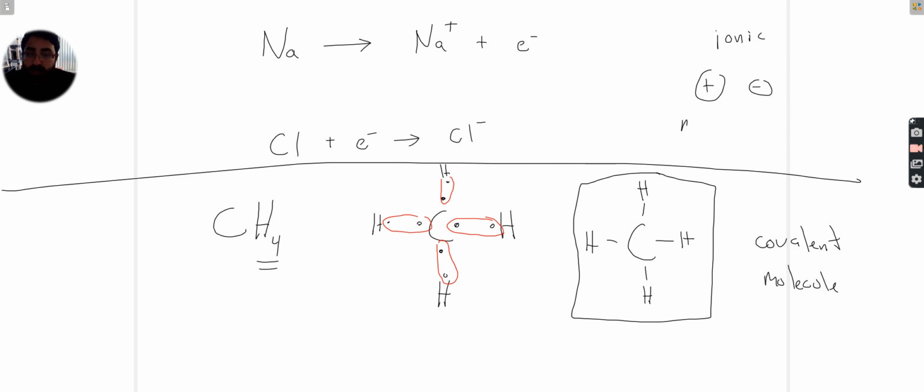You should also be thinking metal and non-metal. With covalent compounds, you should be thinking non-metal plus non-metal. I'll put NM plus NM. And you should be able to distinguish this. This is something you should practice. As soon as you see some compound, you should be like, oh, that's a covalent compound. That's an ionic compound.